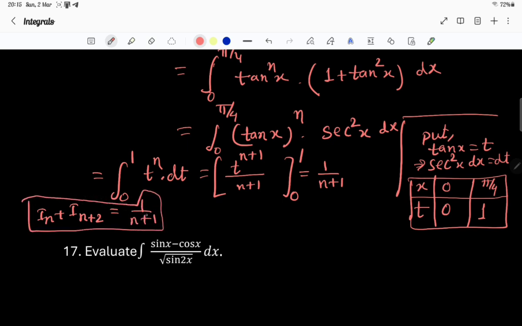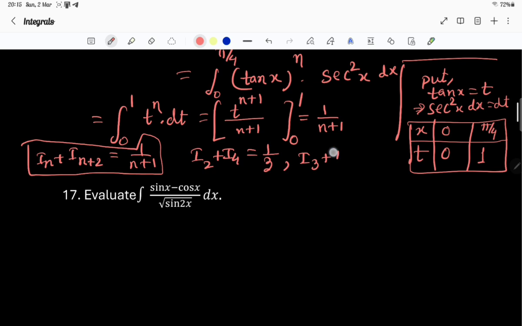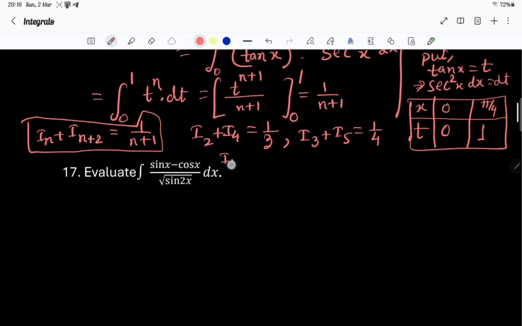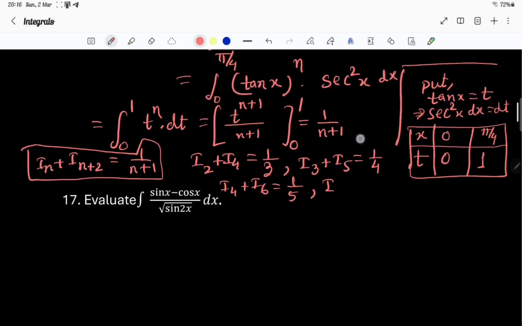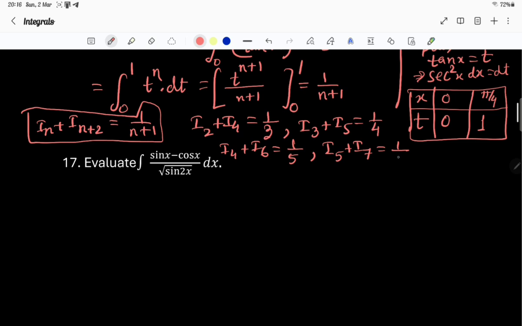Now we are going to apply this. First, 1 by I2 plus I4: if you put n equals 2, what will come? 1 by 3. Then I3 plus I5: if you put n equals 3, you get 1 by 3 plus 1, that is 1 by 4. Then 1 by I4 plus I6: if you put n equals 4, it will come 1 by 5. And I5 plus I7: if you put n equals 5, it will come 1 by 6.